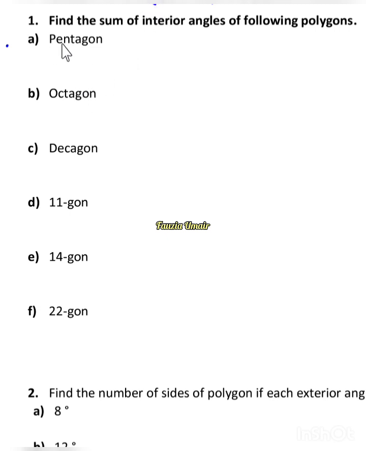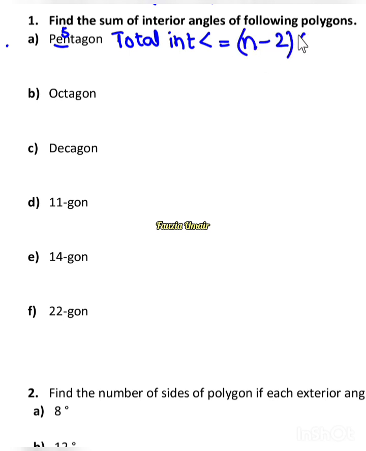Let's start solving. The first polygon is a pentagon. We know that a pentagon is a 5 corner shape. So the total interior angle is equal to (n minus 2) into 180.